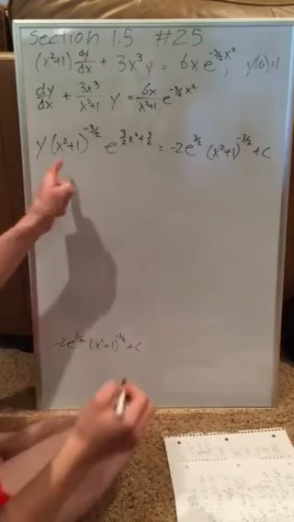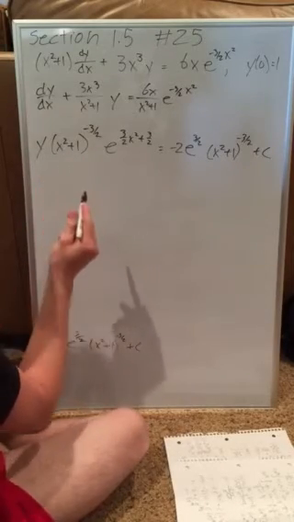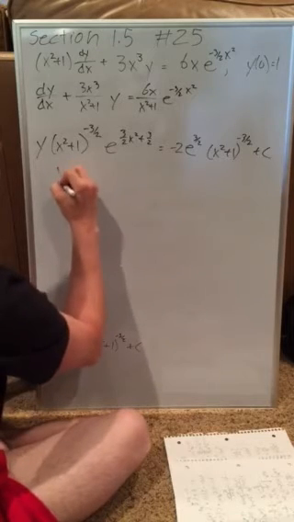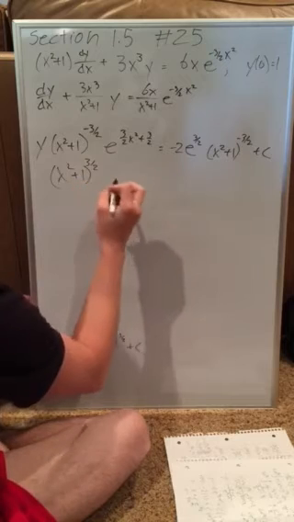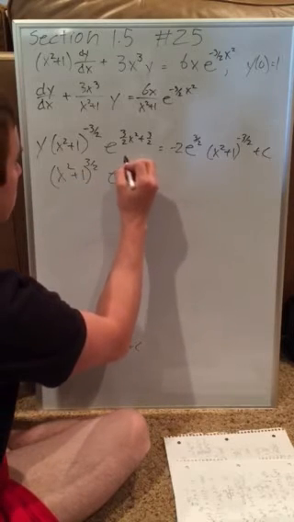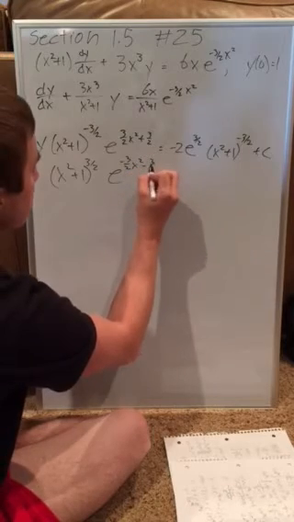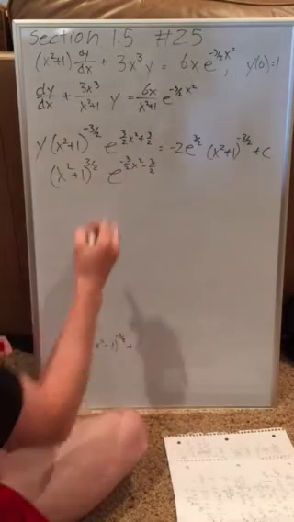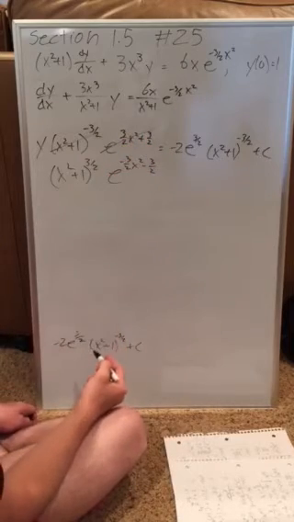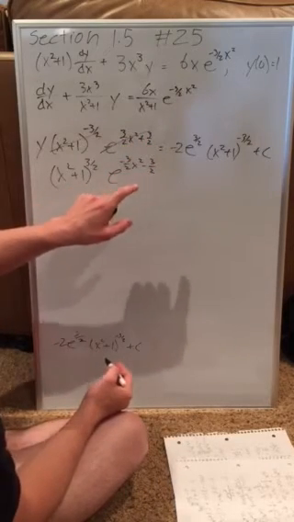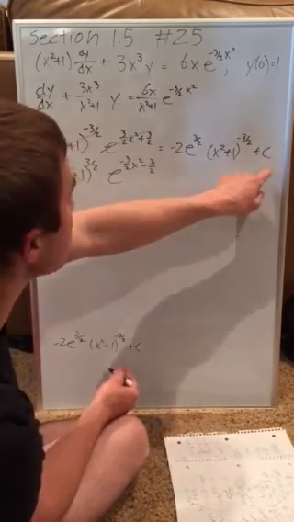Now we're going to get rid of these by multiplying by the opposites, reciprocals. So x squared plus 1 to the 3 over 2 and e to the negative 3 over 2 x squared minus 3 over 2. That's the opposite. That will cancel these out. Since these have x's in them, they have to be kept when we multiply this by our c.